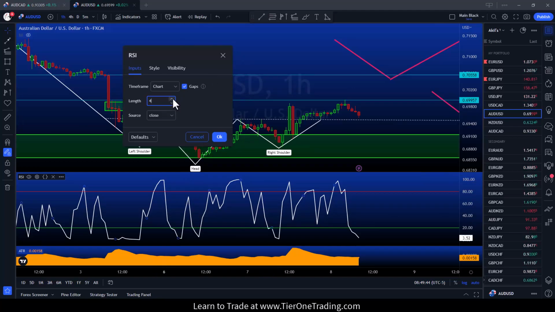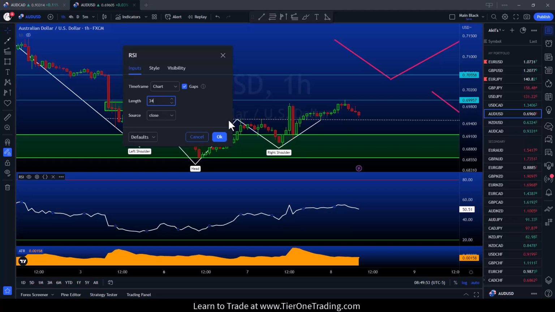entries. On the other hand, you loosen this thing up to like, let's do a 34 because I like fib numbers. Look at that. Well, we're nowhere near touching 80 and 20. So you get pretty much no signals if you're using it for overbought, oversold. Again, there's different ways you can use the RSI.